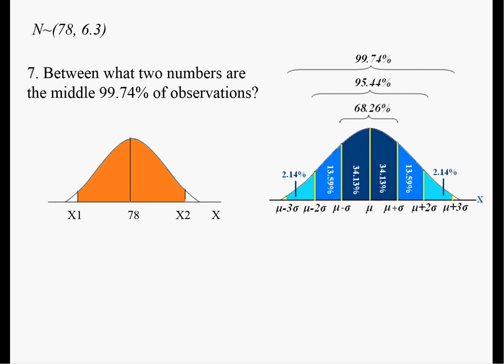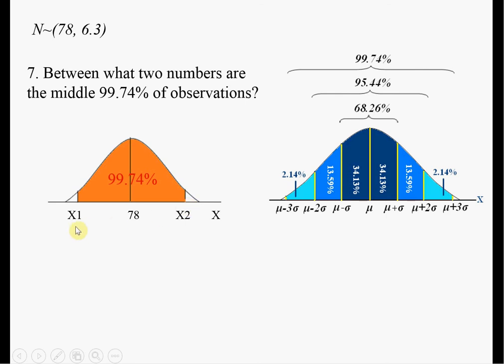We first draw diagrams. We know that in this diagram, in this colored area, the percentage of cases is 99.74%. And then from this chart, we realize that if you have the 99.74% in the middle, then you must have this interval bounded by 3 standard deviations below the mean and 3 standard deviations above the mean.